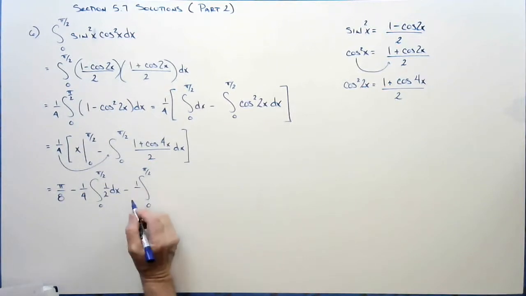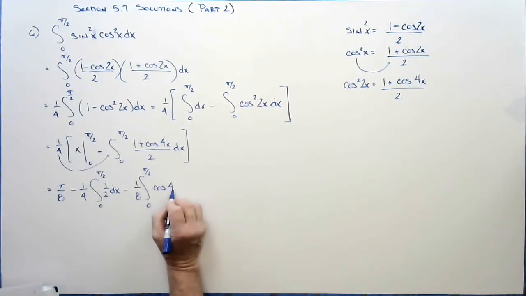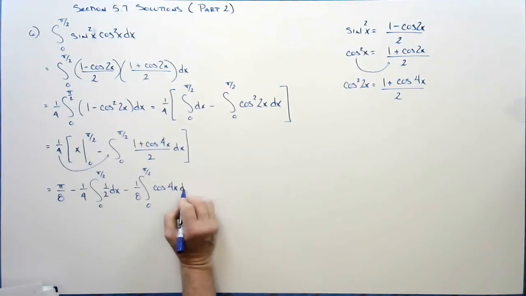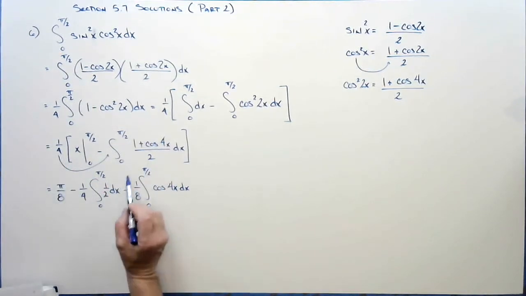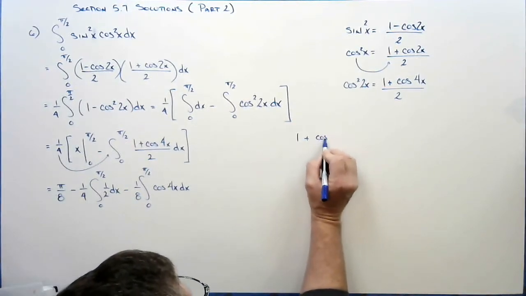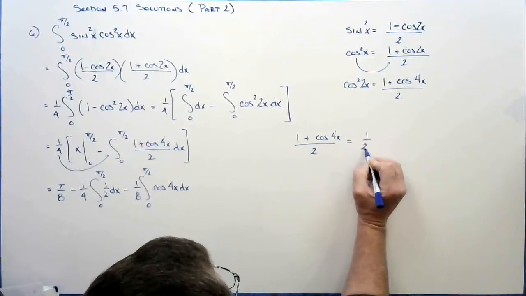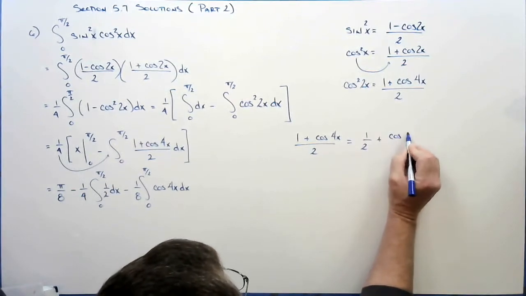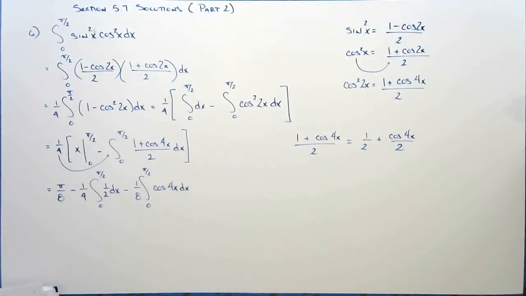I'll go ahead and move the 2 outside. So that'll make this 8x. And we'll have cosine 4x dx. That's 2 times a fourth to get us our 8. And we split this up, right? We rewrote 1 plus cosine 4x over 2 as 1 over 2 plus cosine 4x over 2. We're just using our common denominator.